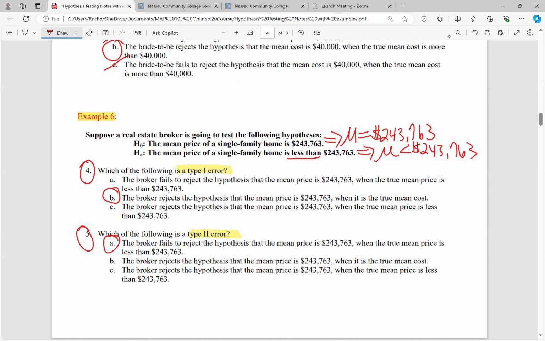So before we wrap up this lesson, let's talk about what a type 1 and a type 2 error would be if my null and my alternative hypotheses were innocence and guilt, just to get one more practice question in regarding type 1 and type 2 errors.